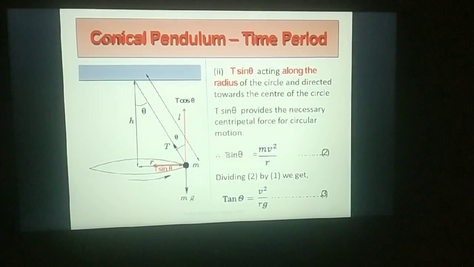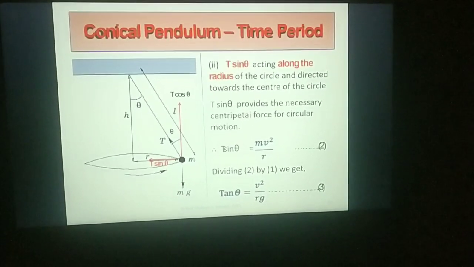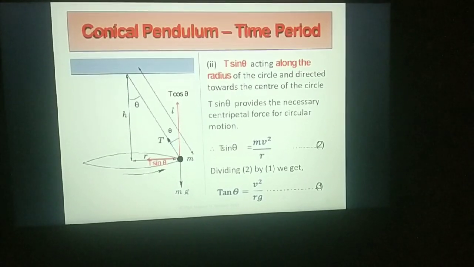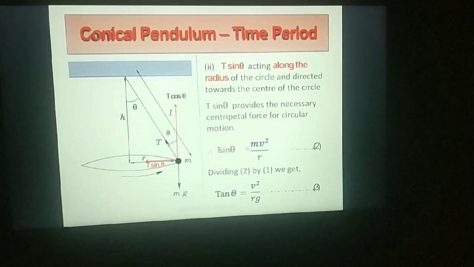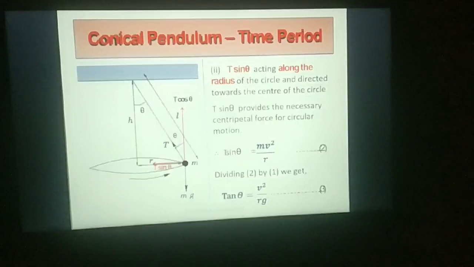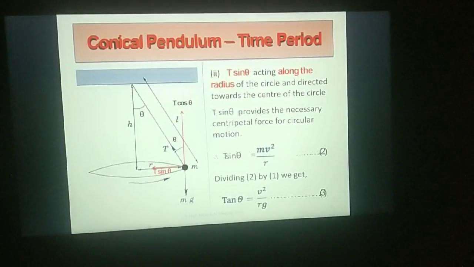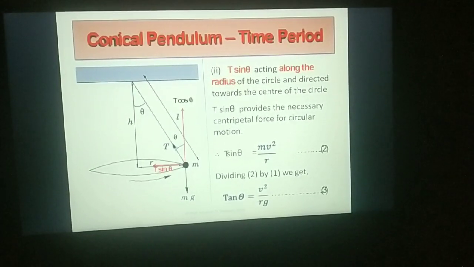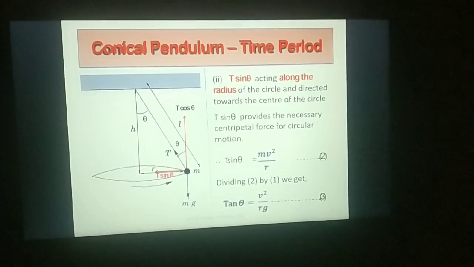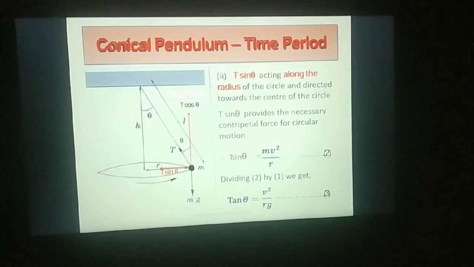You can divide equation 2 by equation 1. You will divide left hand side by left hand side, right hand side by right hand side. So T sin theta upon T cos theta, T you can cancel, sin upon cos will be tan theta. Similarly, mv square upon r divided by mg, m will get cancelled, and we are getting v square upon rg.